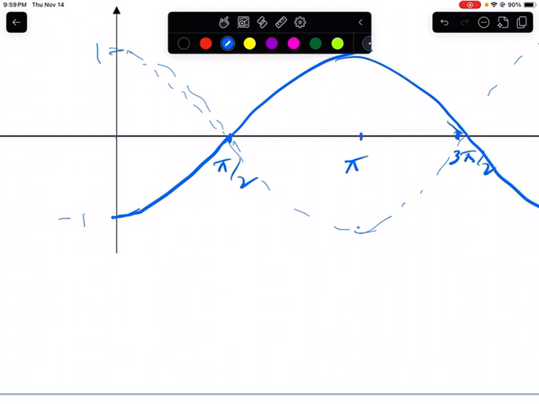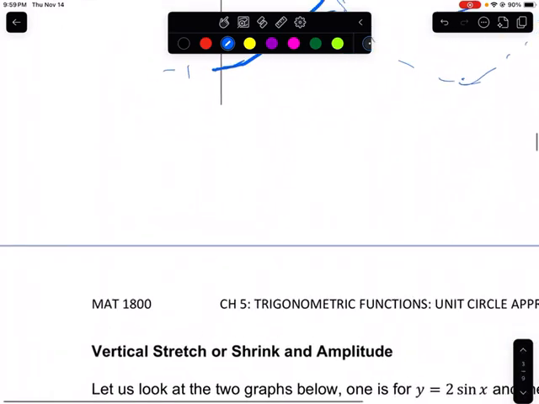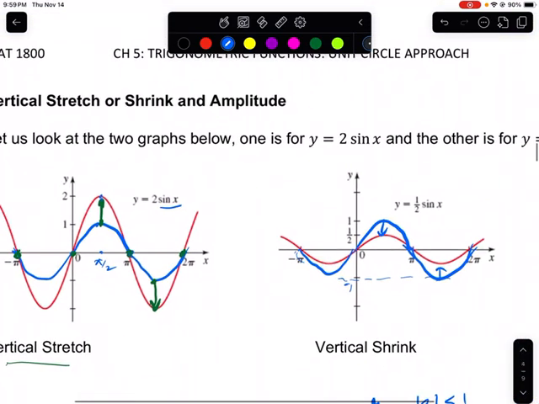So the minimum value is still -1 and the maximum value is still 1. Okay, the -1 didn't change. But if you have a number other than 1 or -1, then we will see a shrink or a stretch.